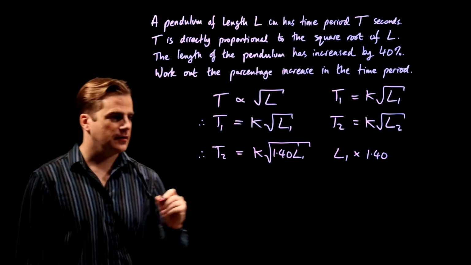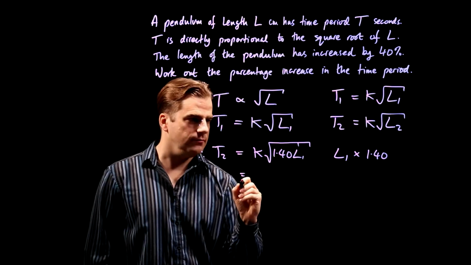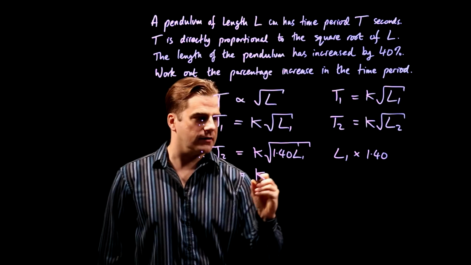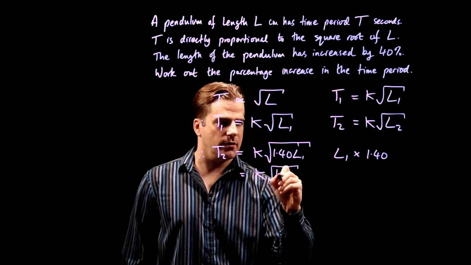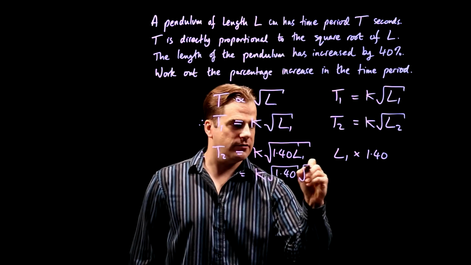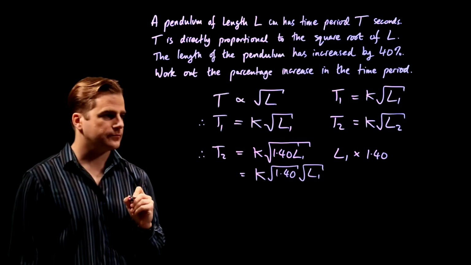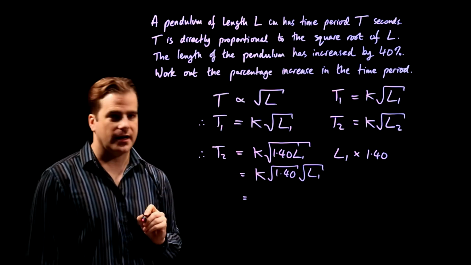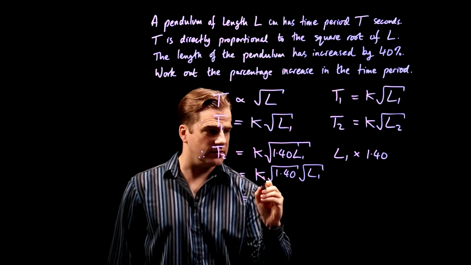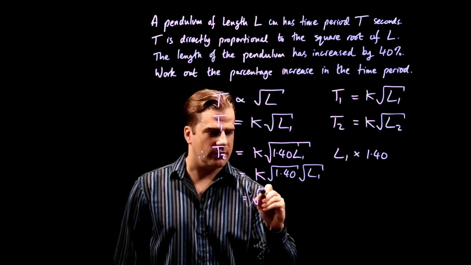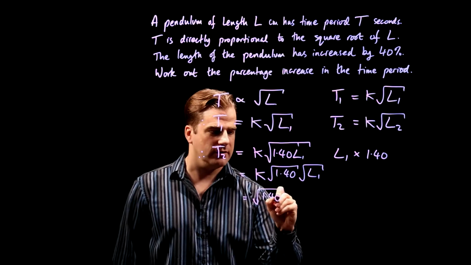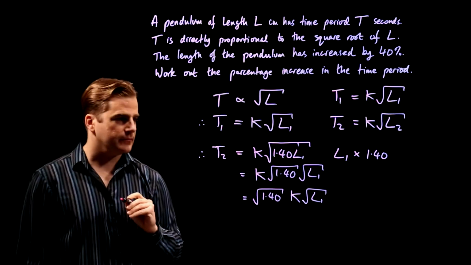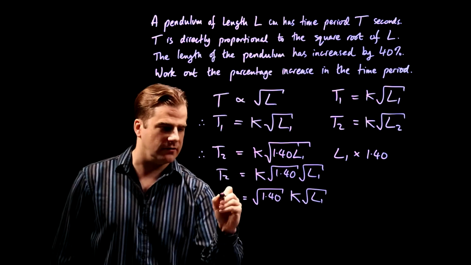Okay? Which is equal to some constant. You can write this as square root of 1.40 times the square root of L1. Okay? And the order of multiplication doesn't matter. So that's equal to square root of 1.40 times k times the square root of L1. Okay, this is all T2.